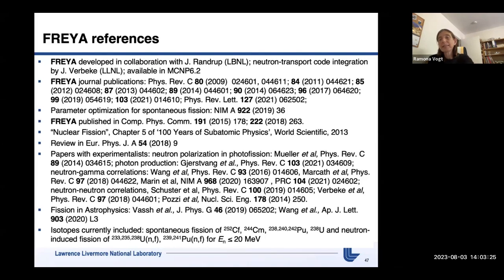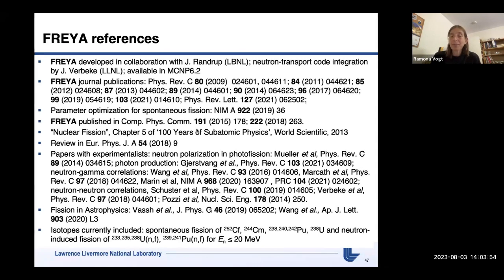But it's really amazing how much is still not understood about fission. It was first discovered more than 80 years ago now, and the data that we have is still not very differential. I think this group is doing a great job in doing a lot more differential data in terms of neutron and photon emission.